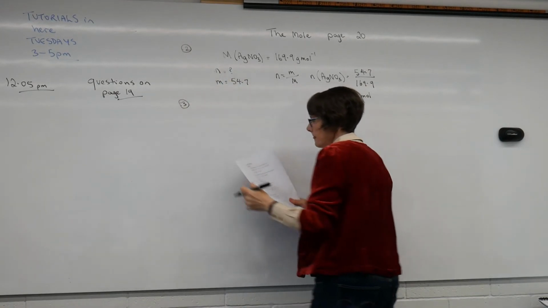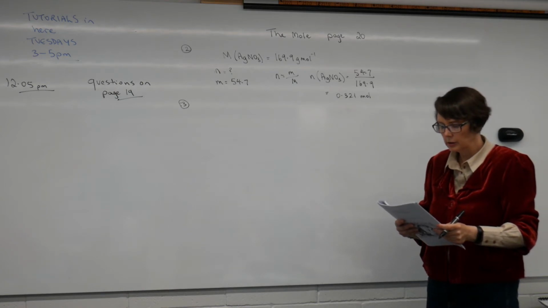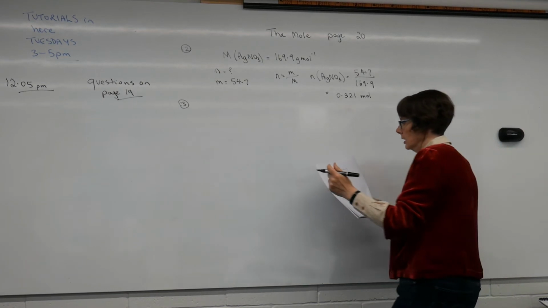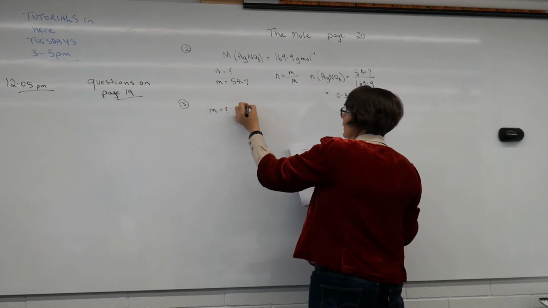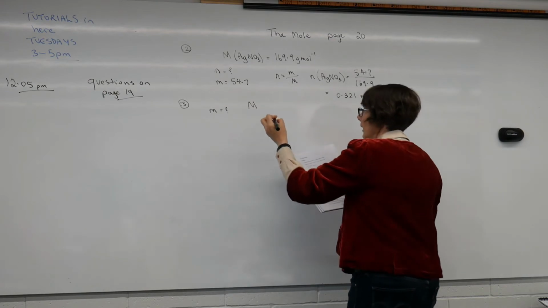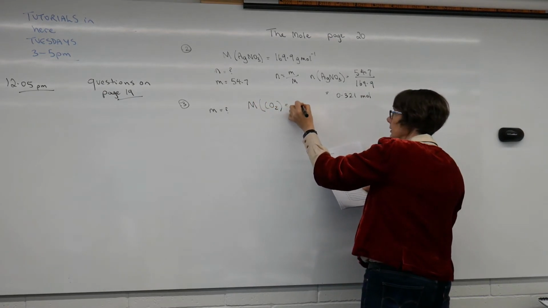Example 3, what is the mass of 4.97 mole of solid carbon dioxide or dry ice? So again, we're finding the mass. I'm not going to calculate the molar mass of the carbon dioxide, I'm just going to use it.